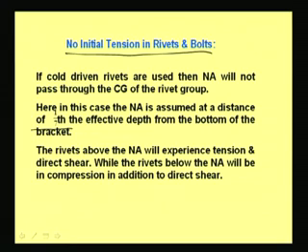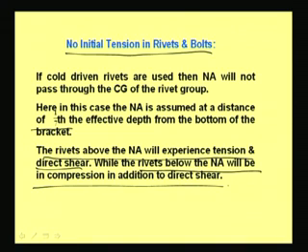The rivets above the neutral axis will experience tension and direct shear, whereas the rivets below the neutral axis will be in compression in addition to direct shear. So rivets above and below the neutral axis will have different types of axial load, whether compression or tension, and shear will also be there.